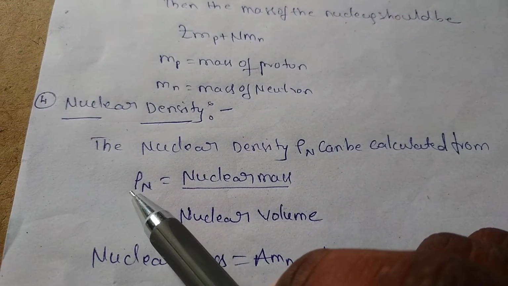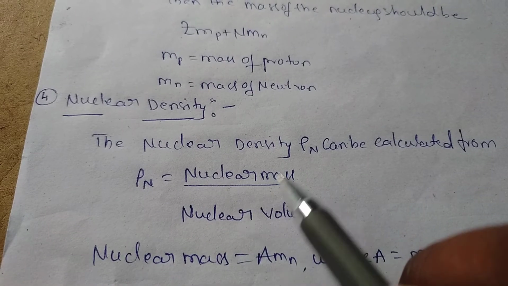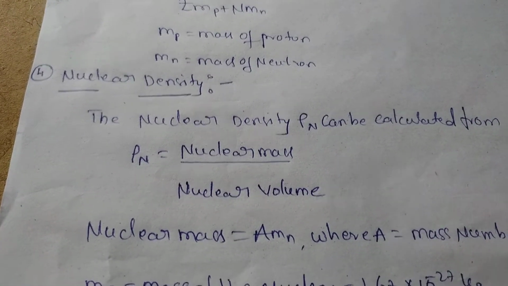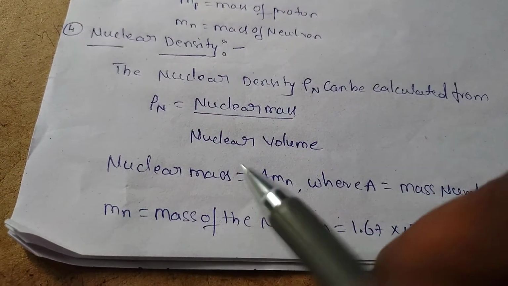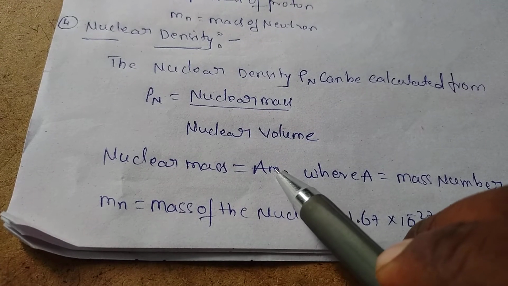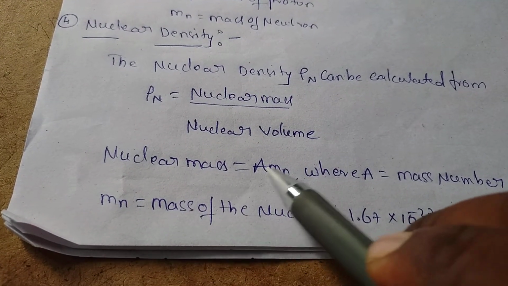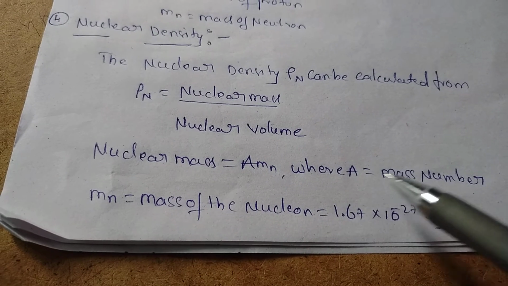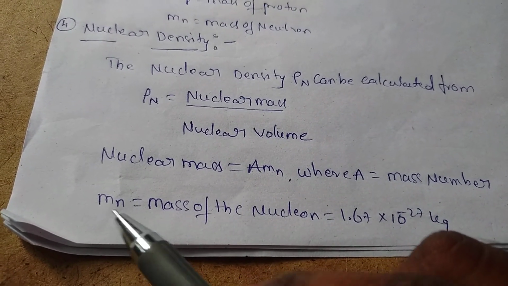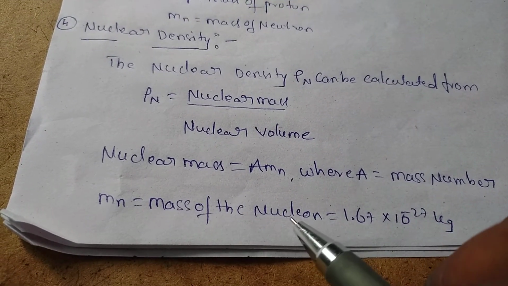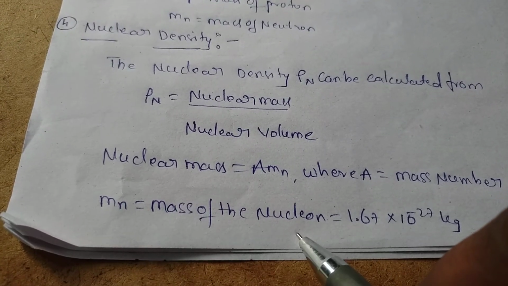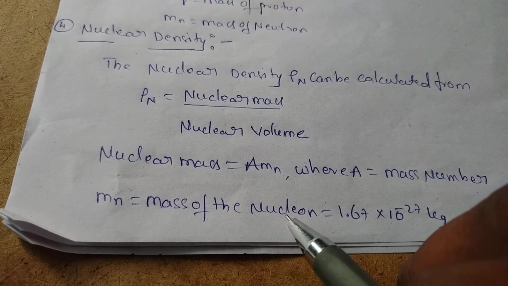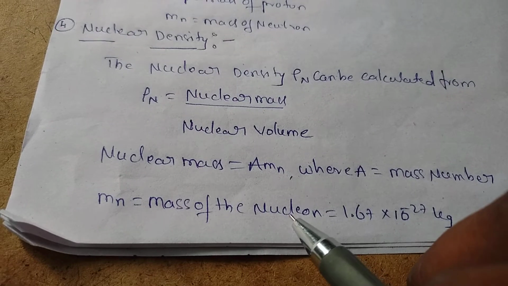Nuclear mass equals capital A m suffix n, where capital A equals the mass number and m suffix n equals the mass of the nucleon. A nucleon is nothing but a proton or neutron in atomic nuclei.